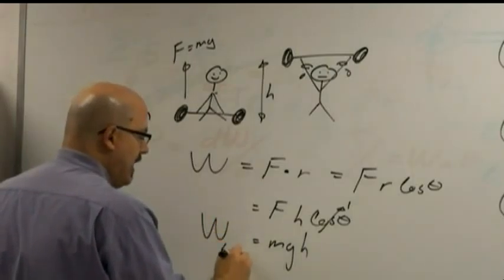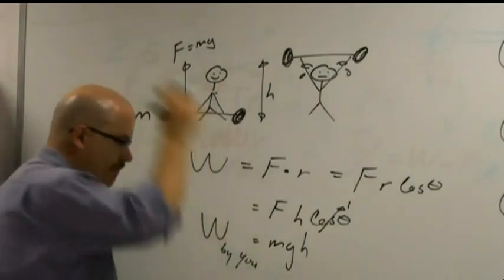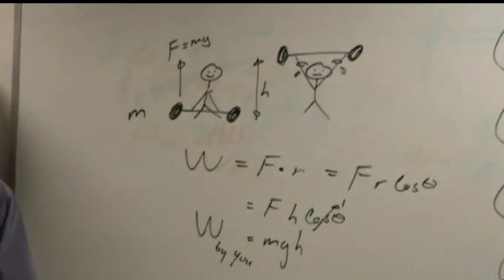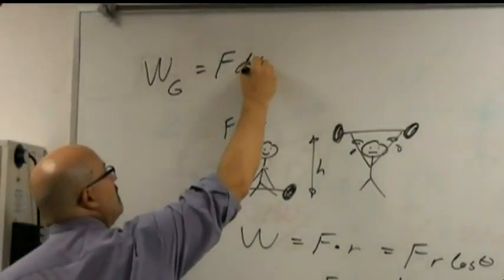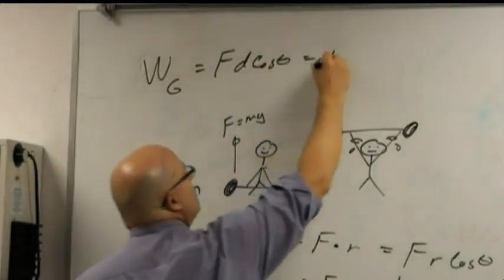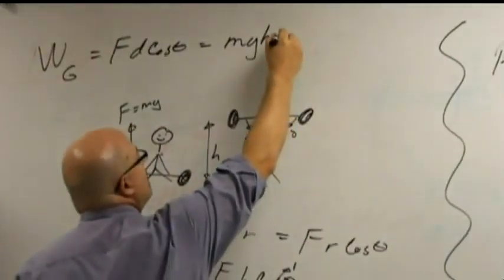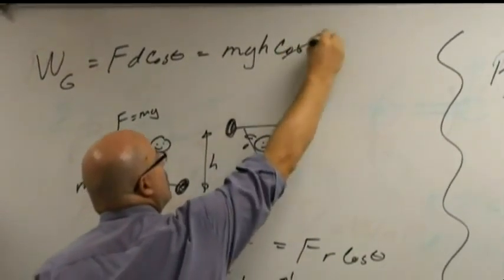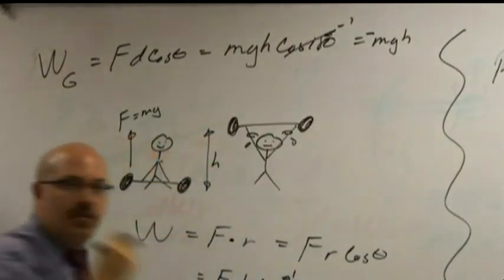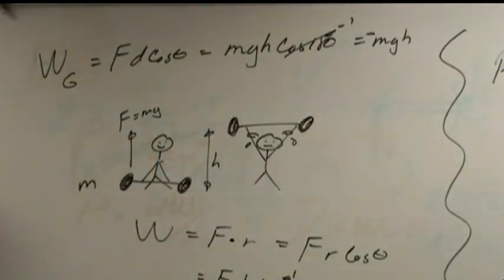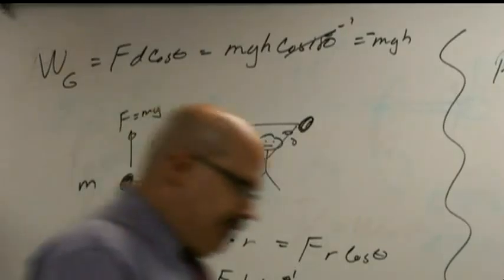Now, how much work is done by gravity during this? Negative. The work done by gravity is equal to F d cosine theta, which is mgh times the cosine of 180, which is negative 1. So it's negative mgh.